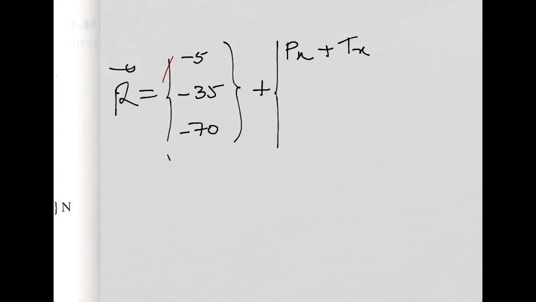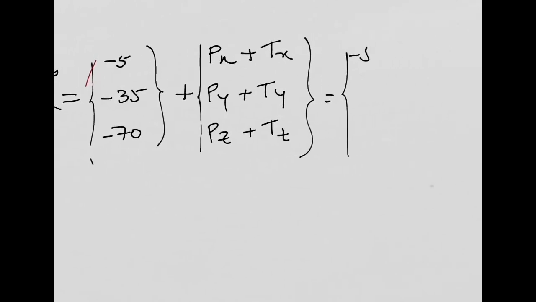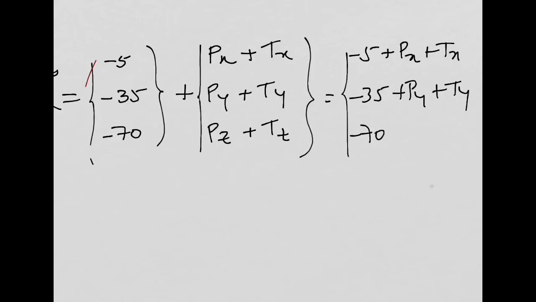Same thing for the y direction: I need to add the y component of my force P and the y component of my force T. Same thing for the z direction: I need to add the z component of P and the z component of force T. Then my resultant at the end is going to be equal to -5 plus Px plus Tx, minus 35 plus Py plus Ty, minus 70 plus Pz plus Tz.